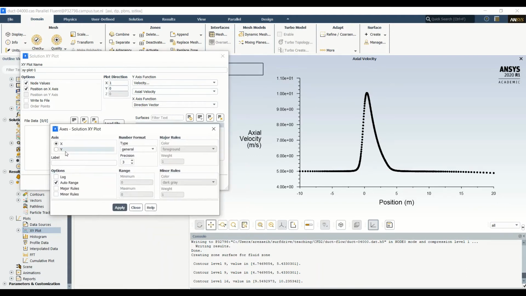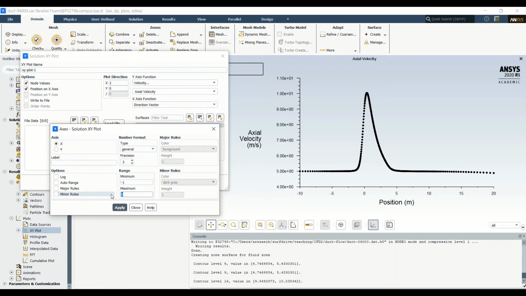For example, for the x-axis, if we remember, the duct goes from minus 1 to... we had half a meter for the nozzle, half a meter for the throat, and I think 2 meters for the diffuser.